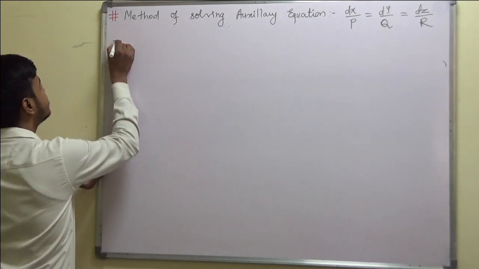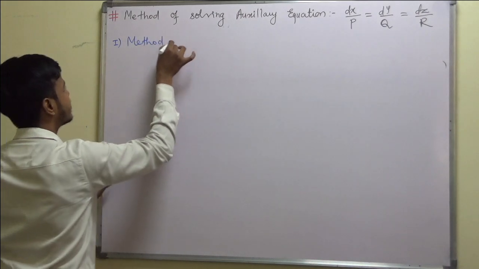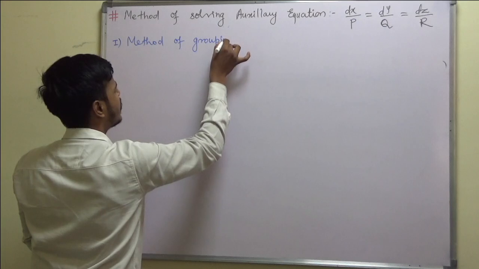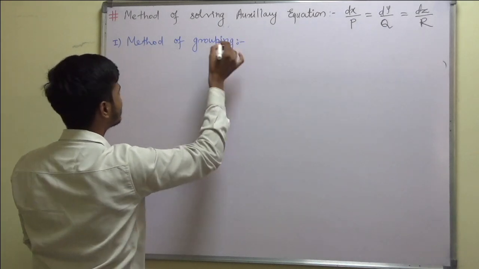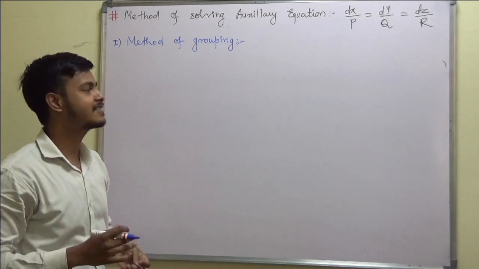Method number one is named the method of grouping. This is a very simple method, and you will like it when you solve these examples.